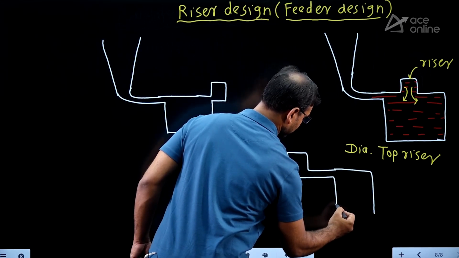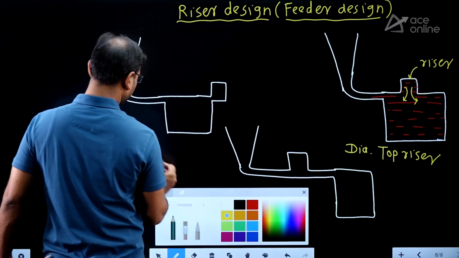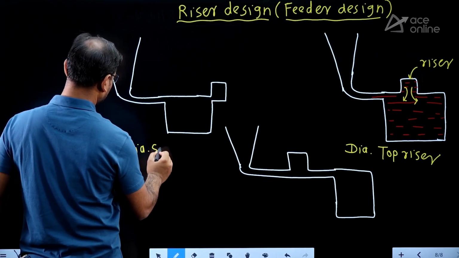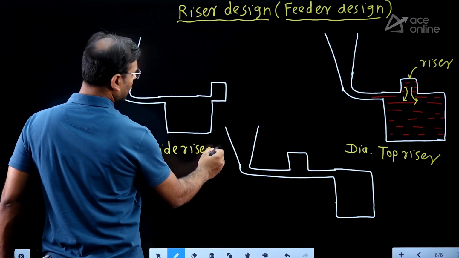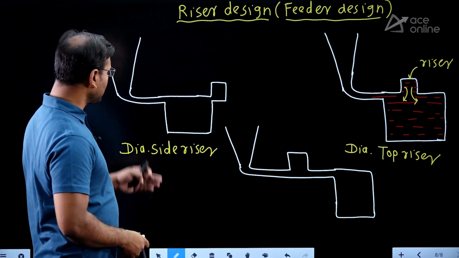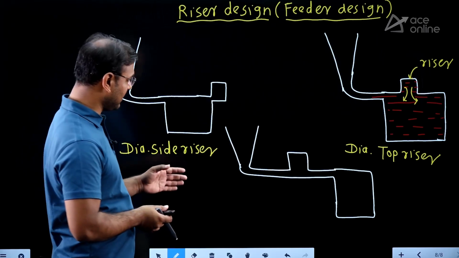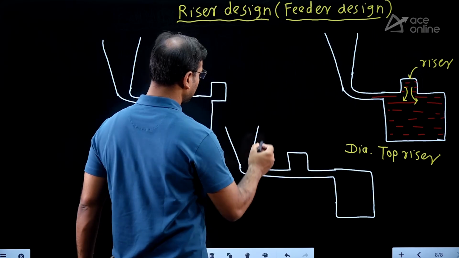Understood? Now you can see that both diagrams are for the side riser. For solving numericals or calculation we use this case, but in the actual practical case, this one is used. This is the side riser.